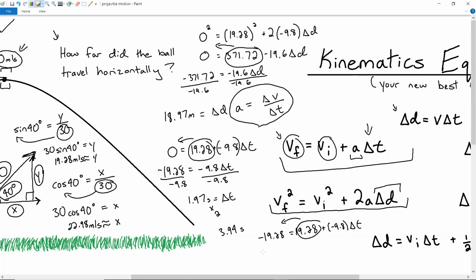Move this over. We're going to need to add these together, or I guess technically subtract them. So we've got this. And then finally, we can solve for time. And we get pretty much the same value, just slightly off because of rounding.